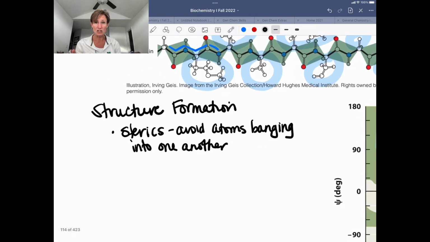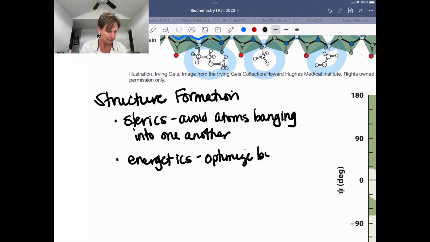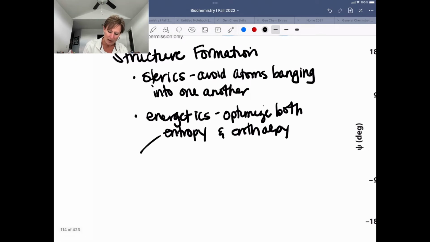So structure formation is going to take into account sterics, but it also takes into account energetics. Okay, we ultimately want to optimize both entropy and enthalpy. So let's take these one at a time here. When we think about entropy, remember the phrase that I told you to think about with entropy was more molecules moving more.